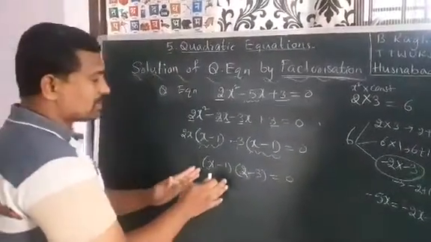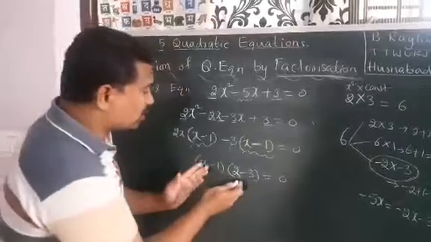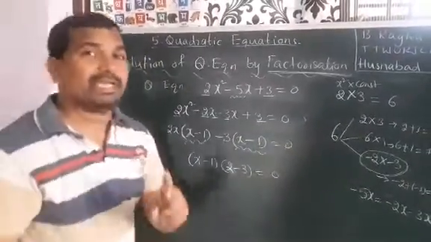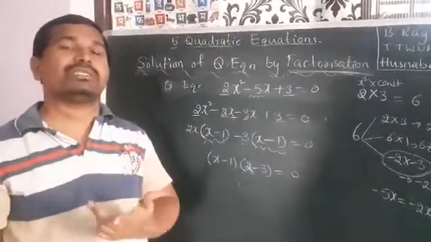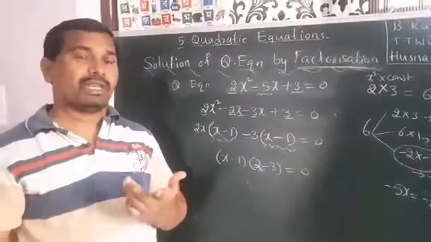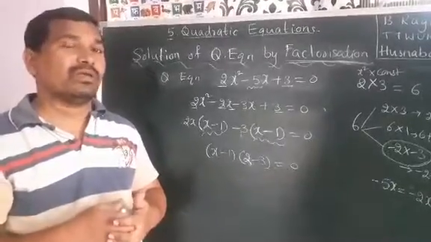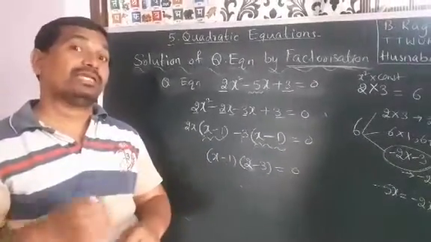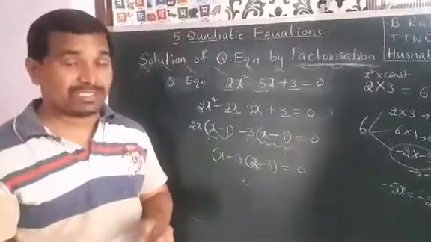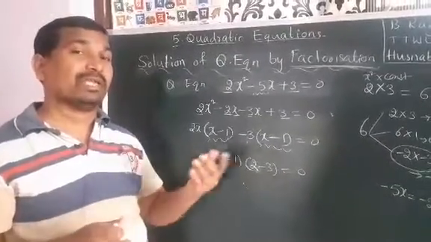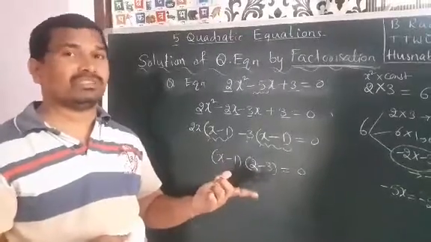So the product of these two is 0. Can you say any two numbers whose product is 0? If I take 2 and minus 6, is 2 into minus 6 equal to 0? No. If I take minus 50 and 0, minus 50 into 0 is 0.